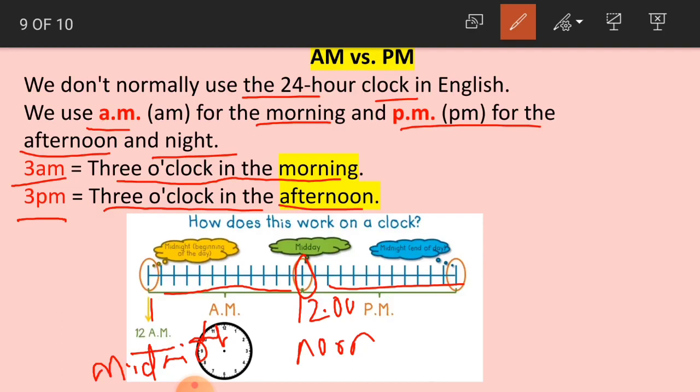Sometimes we get confused and say that midday 12 o'clock or 1 o'clock is 12 AM or 1 AM. No, it is wrong. It is 12 PM, 1 PM, 2 PM, 3 PM, like that it continues until 11 o'clock in the night. Again children, from 12 o'clock in the midnight till 11 o'clock in the morning, it is AM. Even though it is night, we address it as AM.